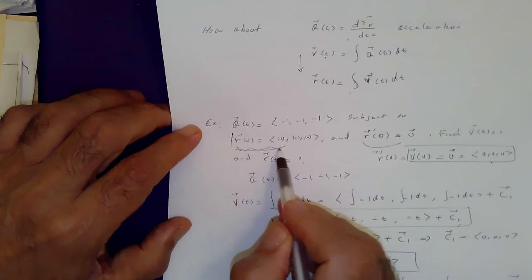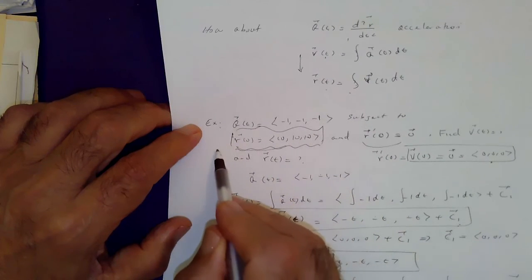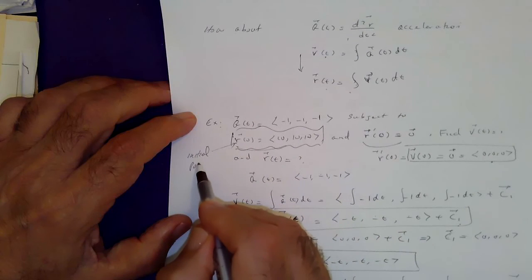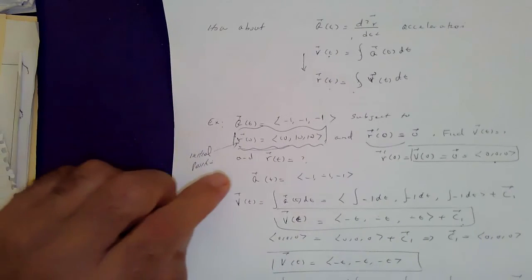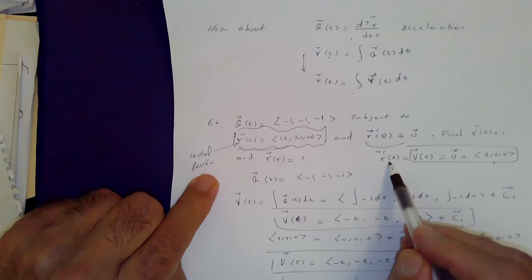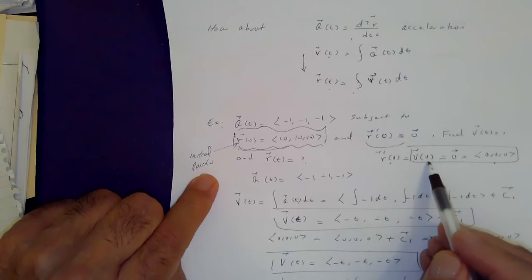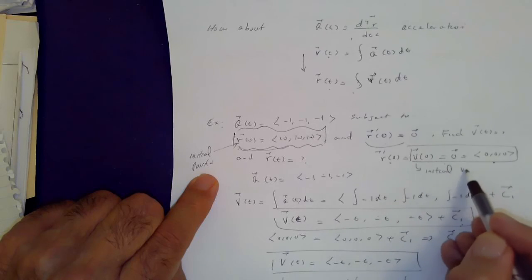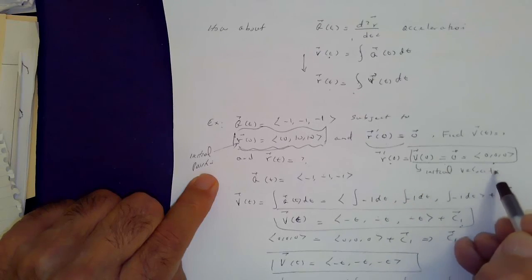So this time I need to apply this condition. Believe it or not, this is initial position. In other words, r of 0 is initial position. r prime of 0 is the same as v of 0, which is initial velocity at time 0.